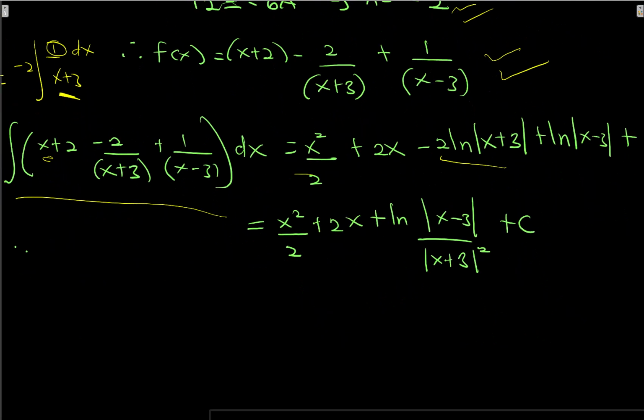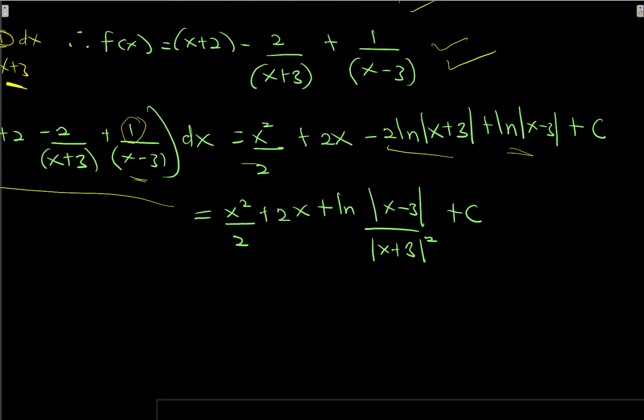The same thing applies to the third term, okay? So when you differentiate the denominator, you get 1, and 1 is what? The numerator, and it will also be what? A log function plus an arbitrary constant c. And we apply the rules of log, okay? And when we do that, we see we have the first term to be x squared over 2 plus 2x, okay?